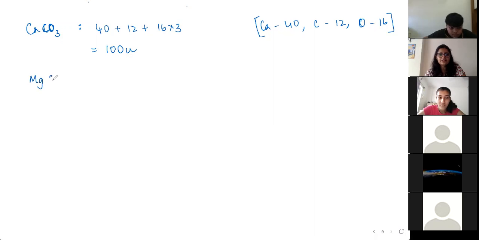Magnesium sulfate, MgSO4. So magnesium is 24, sulfur is 32, oxygen I've already given.